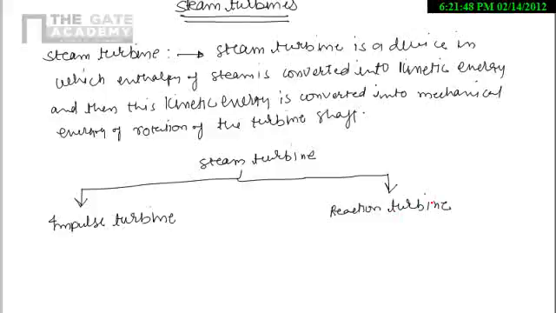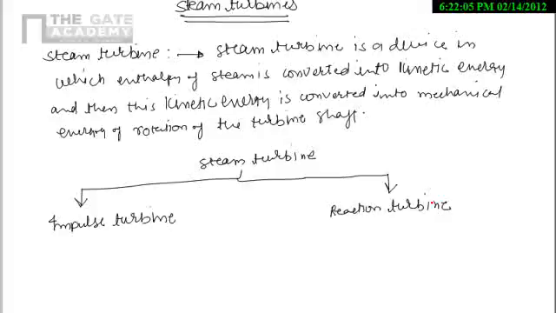In case of impulse turbine, the full enthalpy of the steam is converted into the kinetic energy in the nozzle itself. Means there will be no change in enthalpy in rotation.